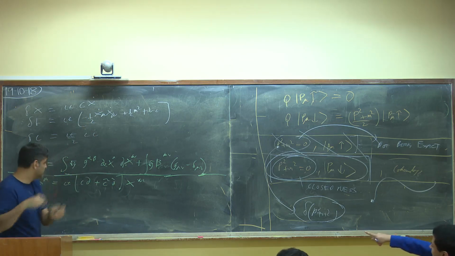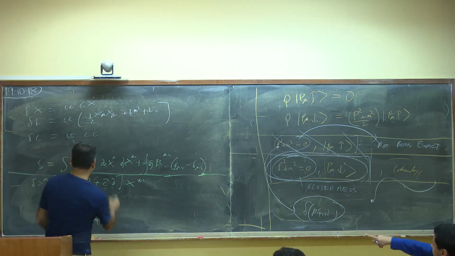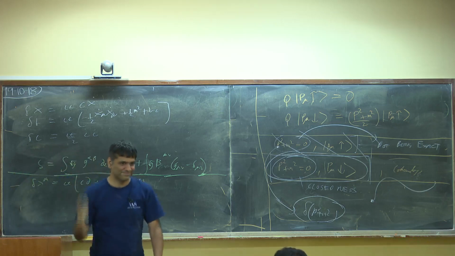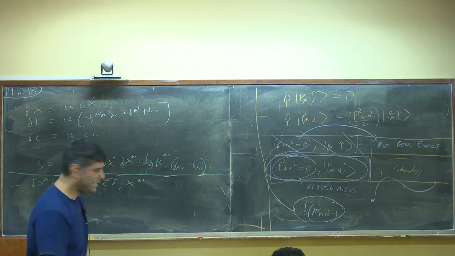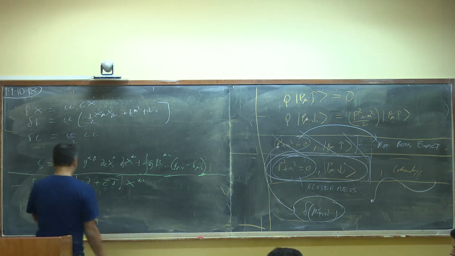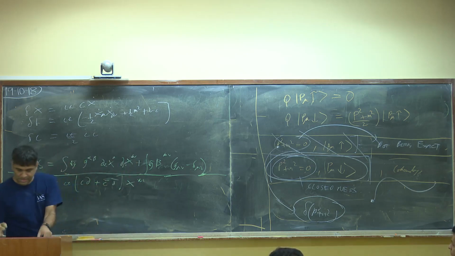What's the tilde part? The tilde part is C bar del bar. This is the antiholomorphic part. So this is obvious. The other part is also sort of obvious.